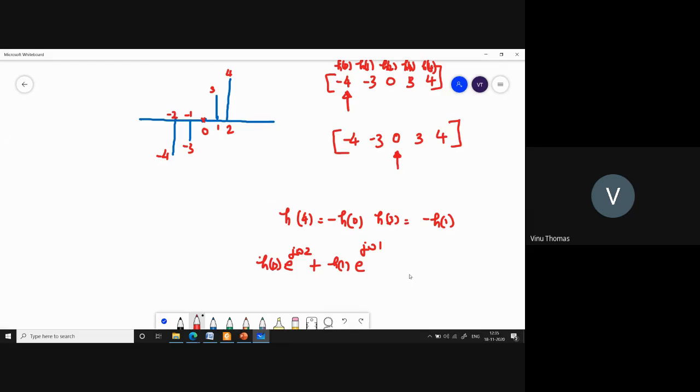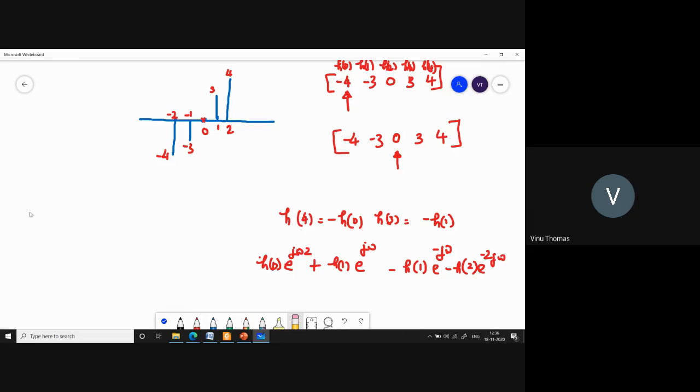Then we have a 0 here, so nothing here. So minus h of 1 into e raised to minus j omega. And finally I have minus h of 2 into e raised to minus 2j omega, right? So which we can now group as follows here.